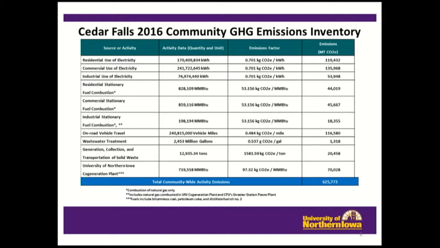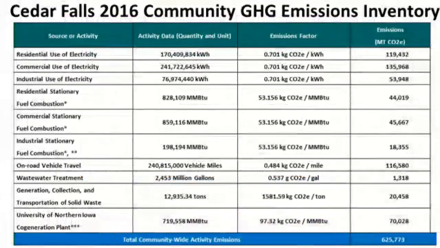So all of the raw data, the type of data, is listed in the first column. Second column, there we go, that's a little bit better. Second column is the raw data itself, and that data came from folks in the city, staff members that were very helpful in helping us gather that data, and CFU folks that worked with us as well.